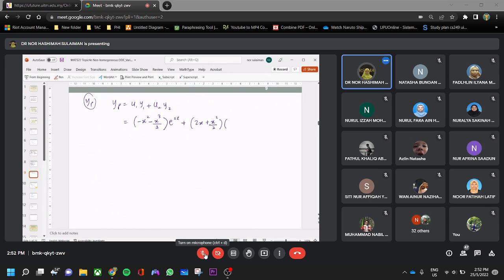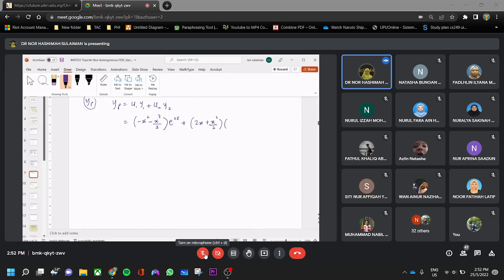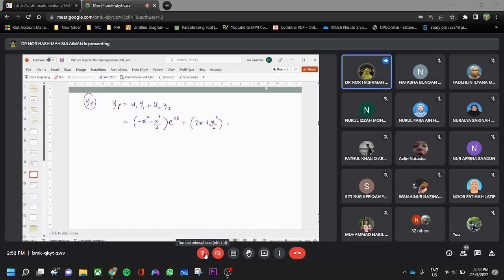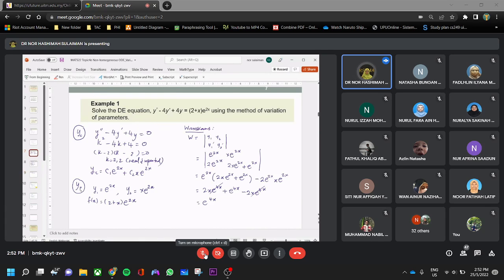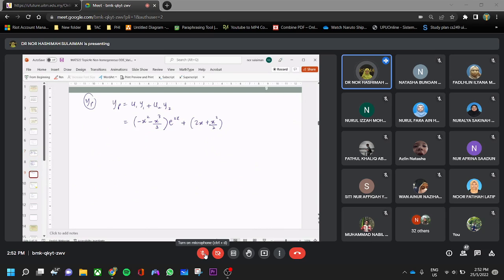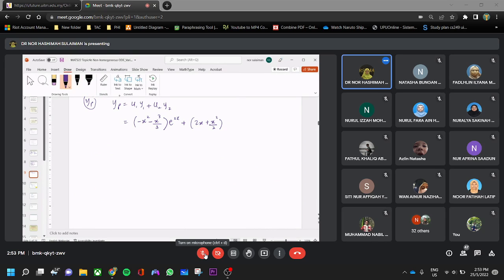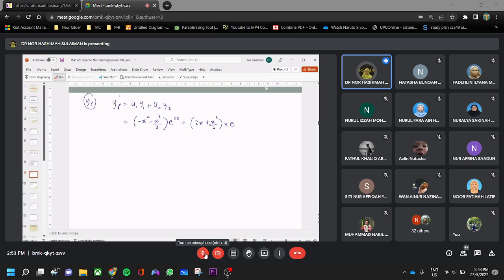What is y2? Kita tak nak ada bracket lagi. What is y2 just now? This one. Okay? Right, so we have x e to the power of 2x. Sebenarnya you all boleh simplify kat sini sebab there are common terms kat sini. You all boleh simplify. Okay?